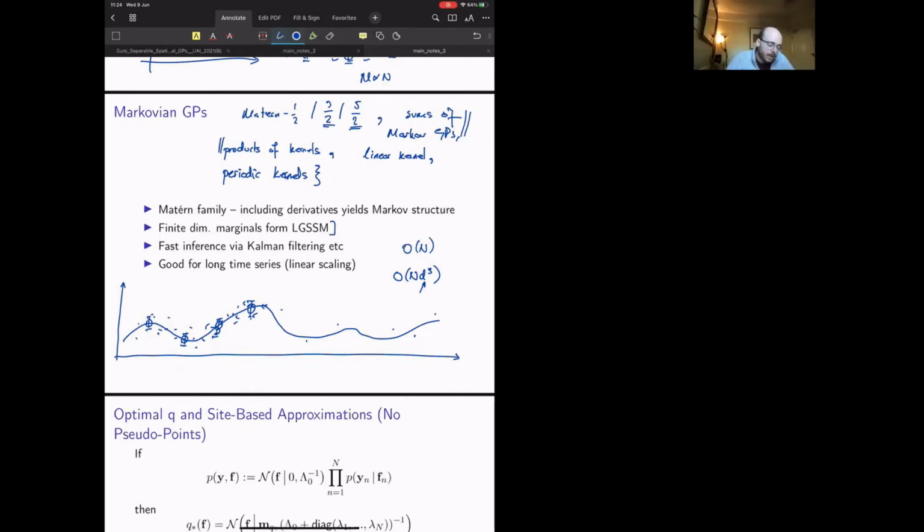Right. Yeah. It's not that it has the Markov property; it's that we approximate it with a basis function expansion.